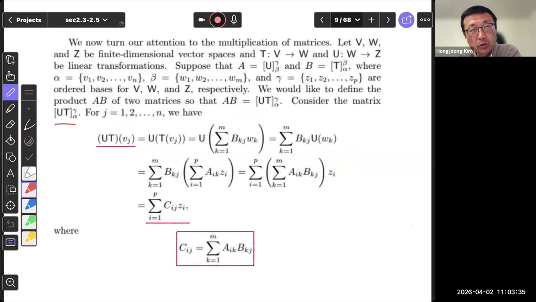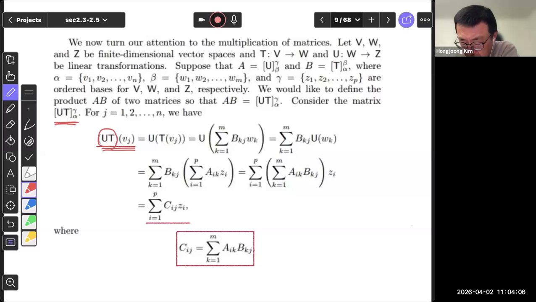So in order to describe the matrix, we first map the first vector of the basis, which is V1, under this composite, and then you need to find the coordinate of the vector. So once you compute this, you need to describe this vector in terms of gamma to get the appropriate coefficients.